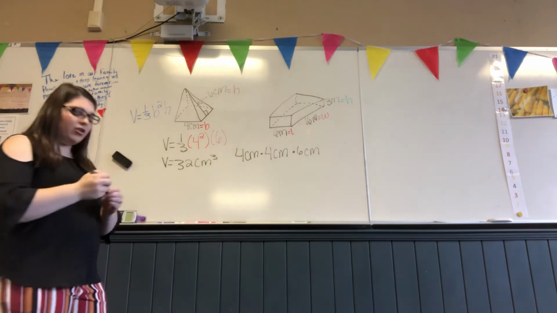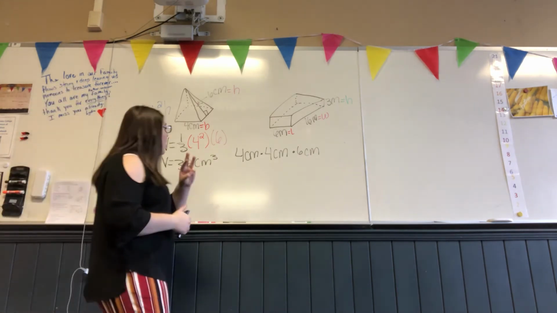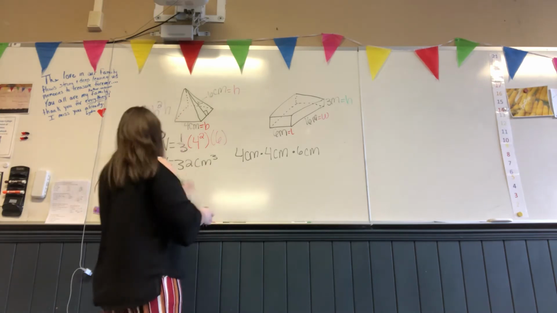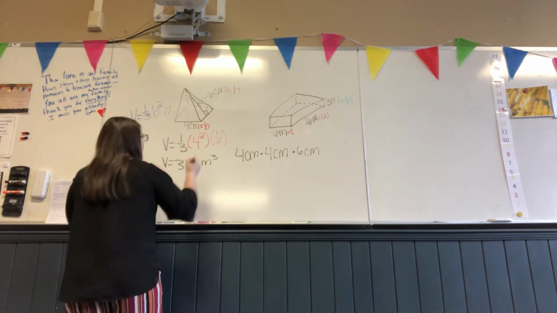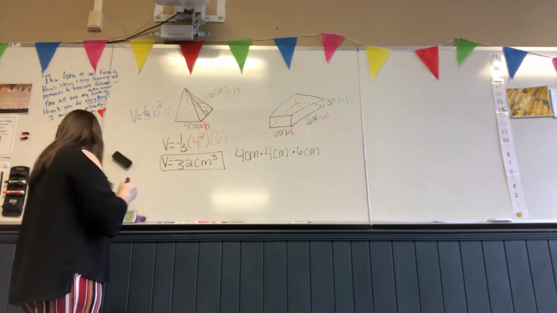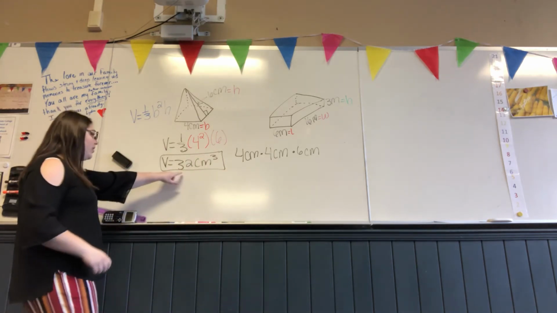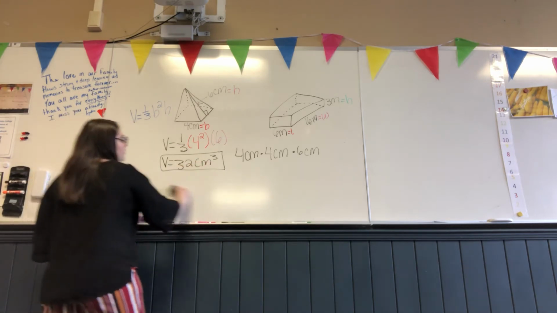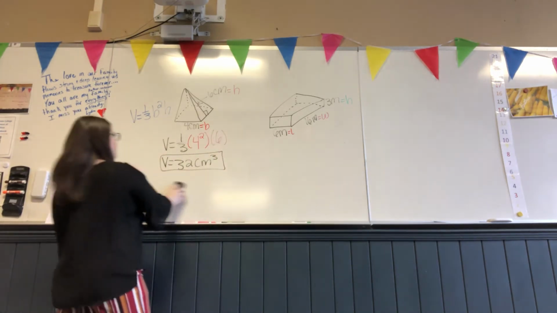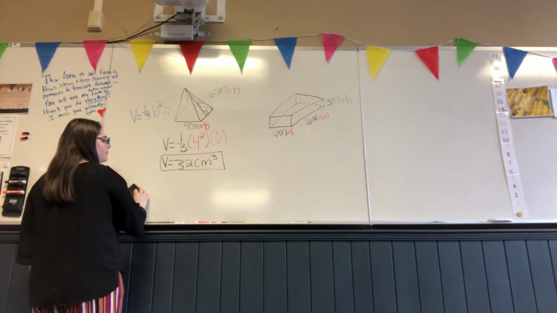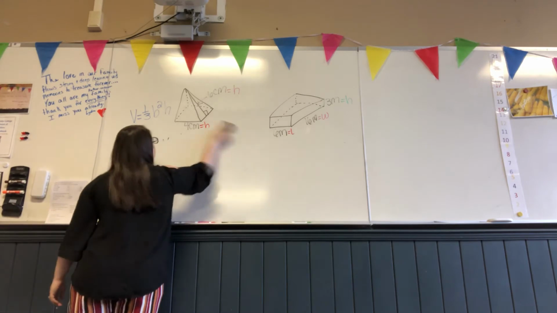That's why you have the cubed, because you have 3 different units multiplying together. So the answer for the volume for this square-based pyramid is 32 centimeters cubed. Leave that up there for just a second. Go ahead and erase it now.